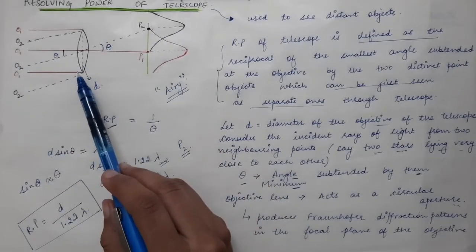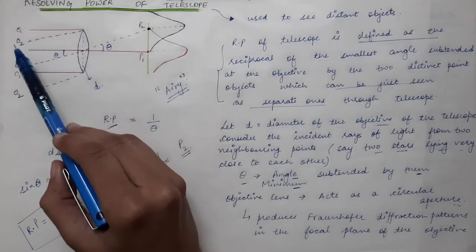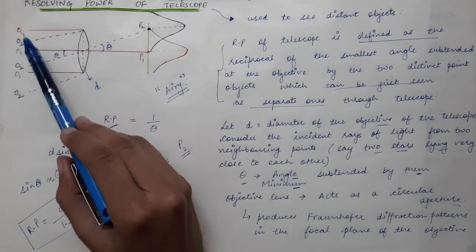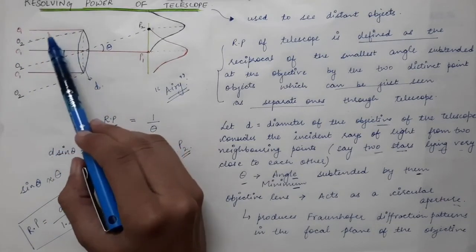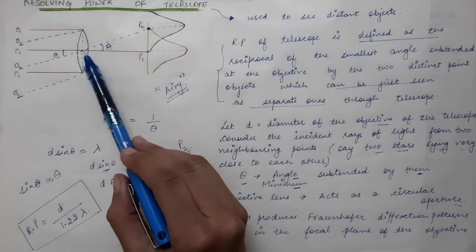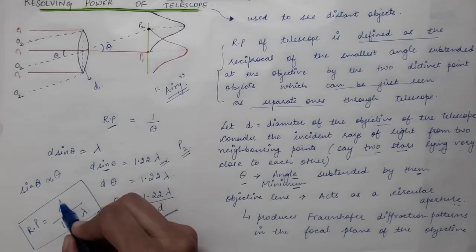And over here the wavelength reaching the objective lens from the O1 as well as the O2 object is exactly the same. We are assuming that the same wavelength reaches the objective lens from the O1 and O2 objects.